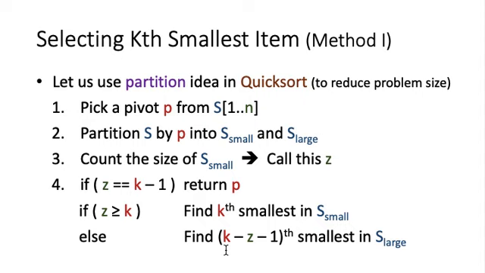It is going to be the k minus Z minus 1 smallest item in S large, so we are going to find that item in S large instead. So after doing this partitioning step, we either have the problem solved immediately, or we get a smaller subproblem and solve that instead.